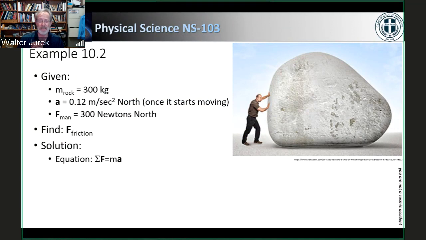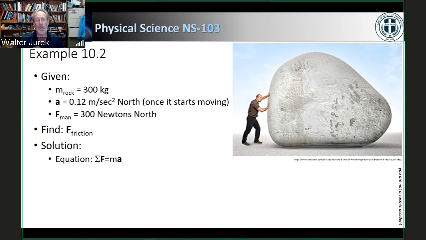Tony's pretty strong. He gets this thing moving at 0.12 meters per second squared, headed north. And he's done this by applying 300 newtons of force. Go, Tony. Well, the question is, how much friction is Tony having to deal with?